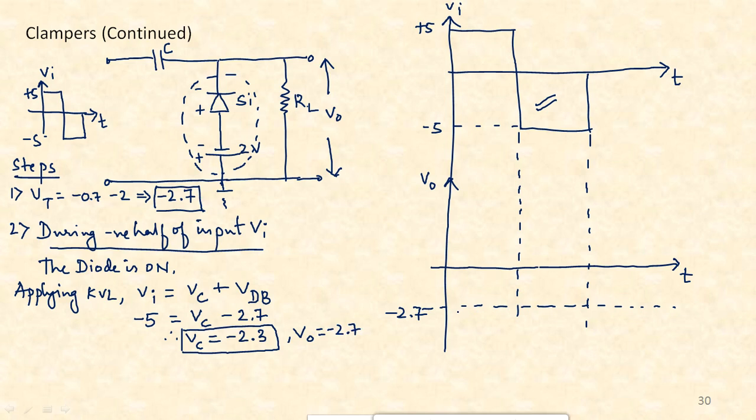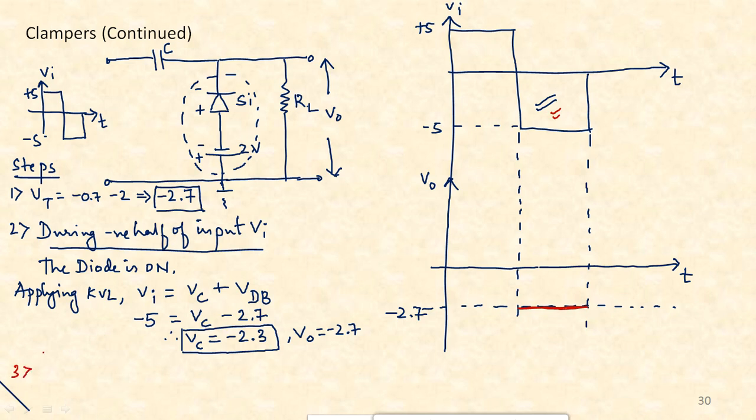Students, should I draw the output in the positive half cycle or negative half cycle now? Since we are considering the negative half of the input, and during the negative half V0 is minus 2.7, I'll have to write minus 2.7 here. The line should be drawn here because we are in the negative half.